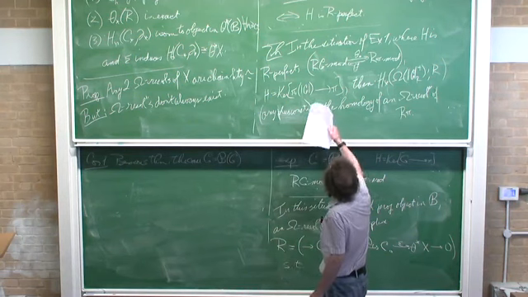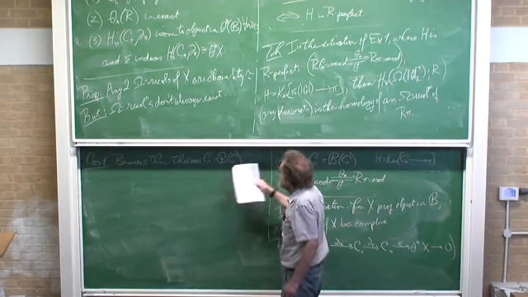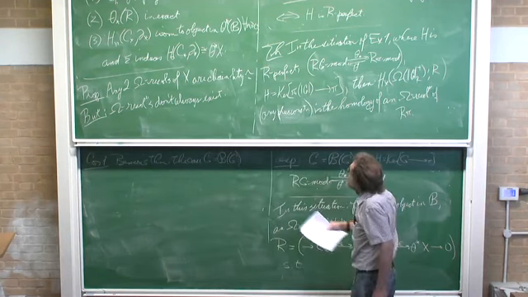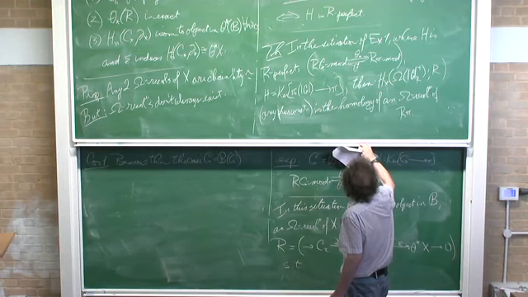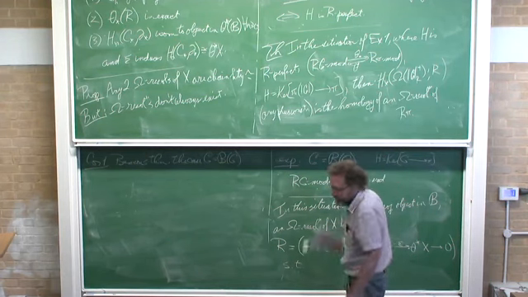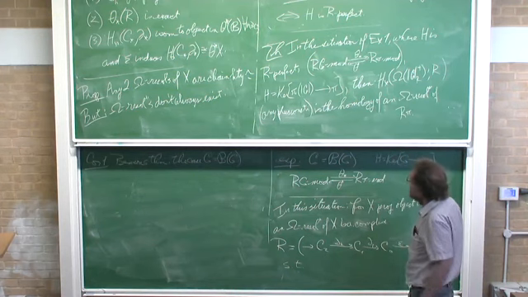But notice that it also applies to BG where G is not finite, as long as the kernel is perfect, is R perfect.